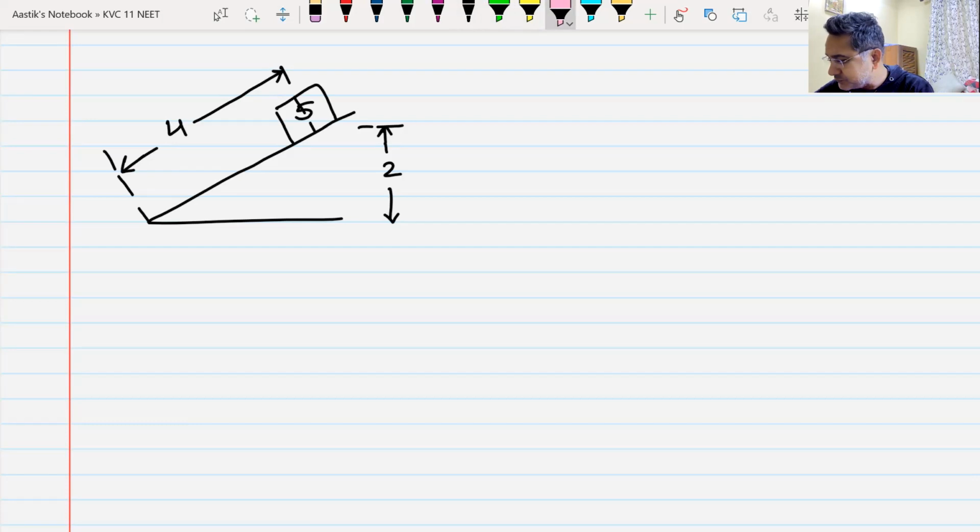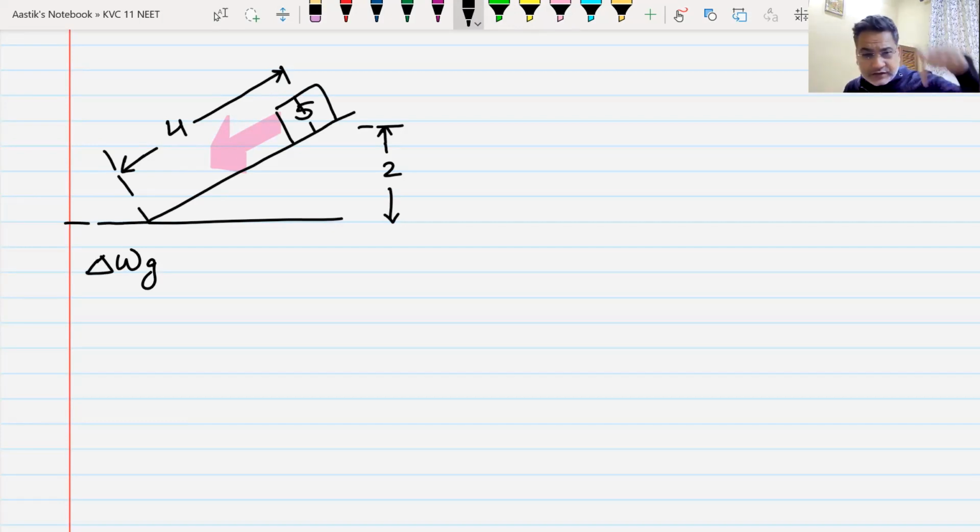So the body is going to move and the body is going to move in this direction. Yes or no? We have to find out what is the work done by gravity when the body reaches the bottom of the incline, and what is the work done by the normal reaction.